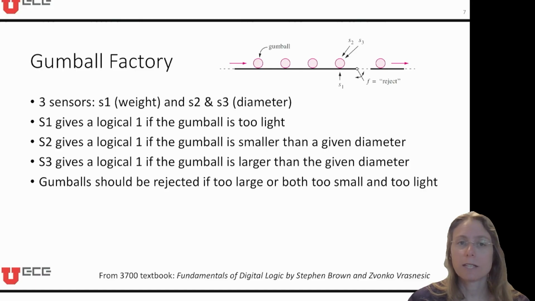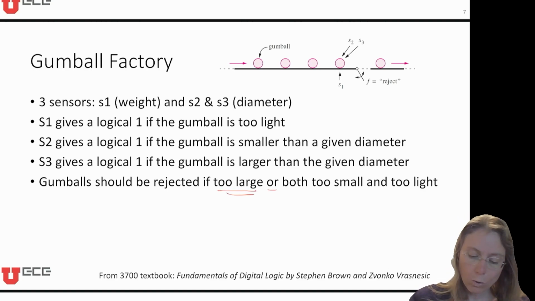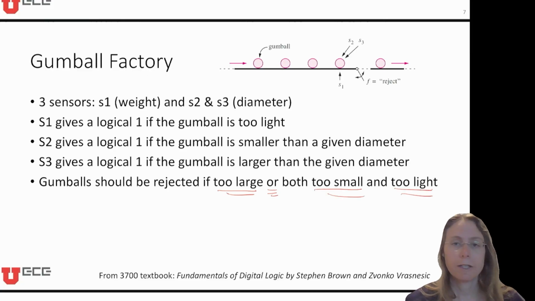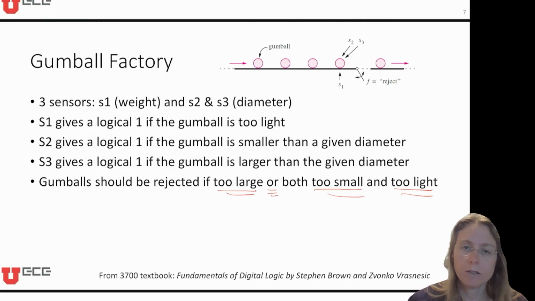And S3 gives a logical 1 if the gumball is larger than a given diameter. We want to reject gumballs that are too large, or both too small and too light. So we're going to turn our English here into a Boolean expression, and then that Boolean expression is something you could turn into a logic gate network.